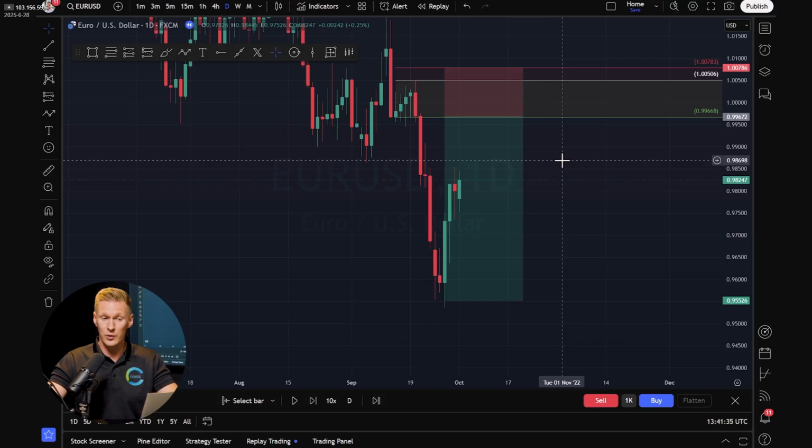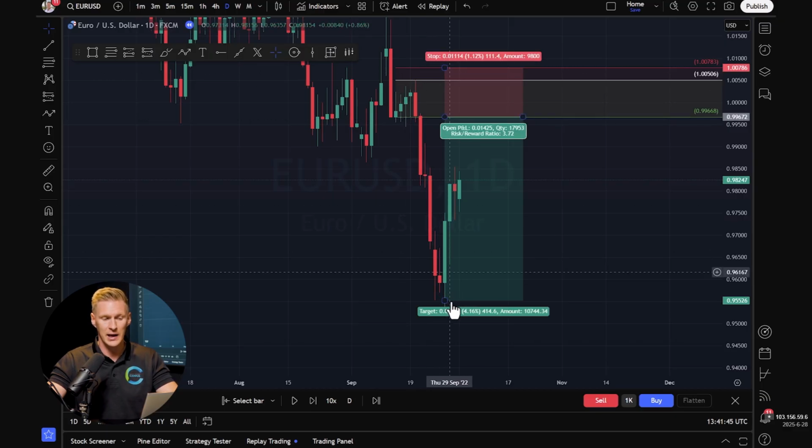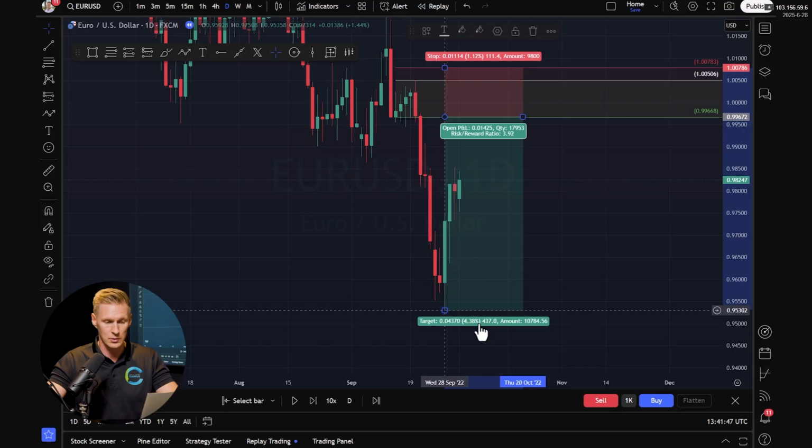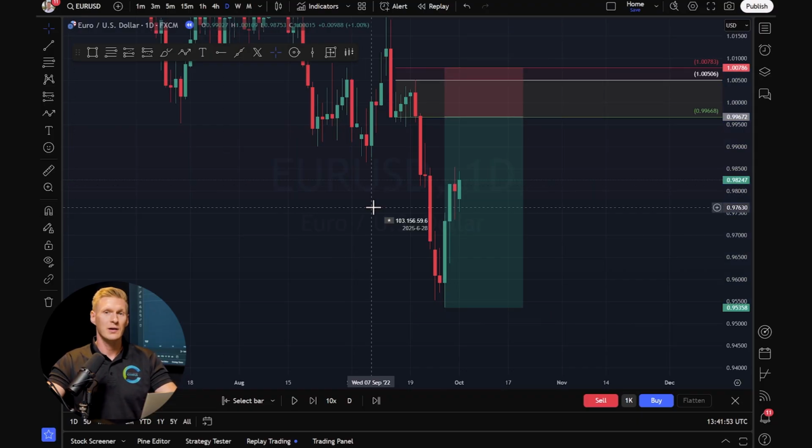Here we can talk about different entry opportunities. This one is a set and forget entry, right? You will set your entry here, stop loss here, and the target below. Let me enable the magnet. Yes. Okay. But we have also other entry opportunities to increase your profit margin.